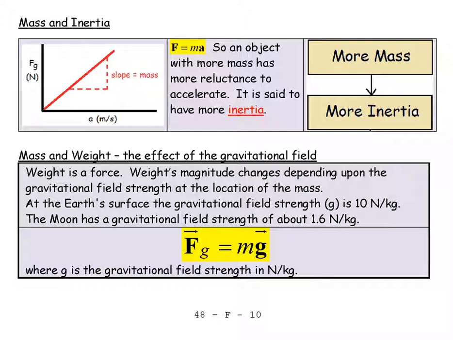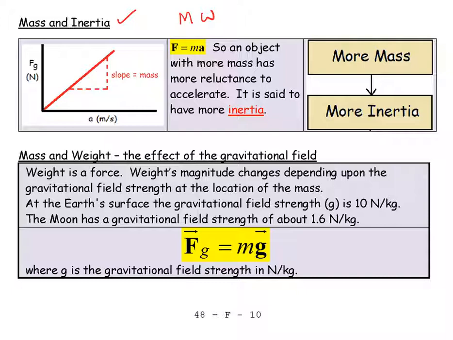And so the first thing I'd like to talk to you about is mass and inertia. The most common mistake that people make is they get mass and weight mixed up. People will talk about something weighing 5 kilograms, and the kilogram is the unit of mass.